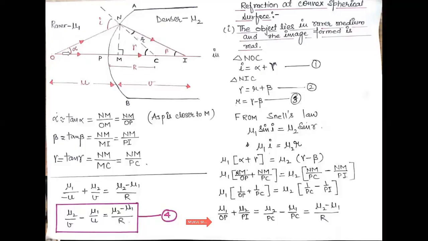In that case, mu1 upon minus u and mu2 upon v, where v is positive and u is negative as per the sign convention. And mu2 minus mu1 upon R, and ultimately you will get this relation: mu2 upon v minus mu1 upon u equals mu2 minus mu1 upon R. Thank you.